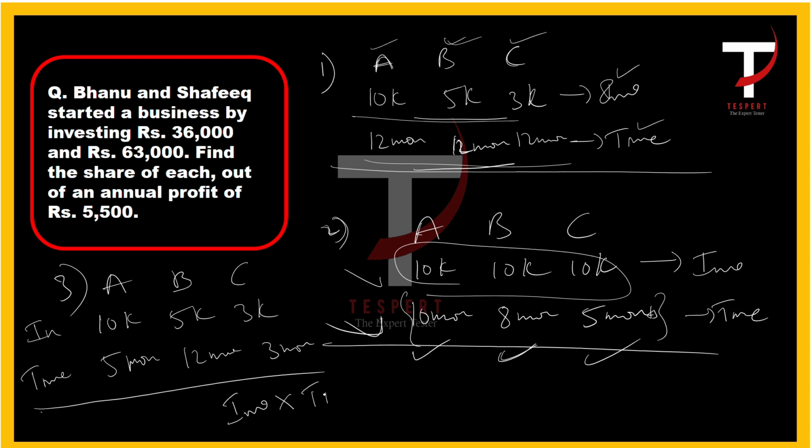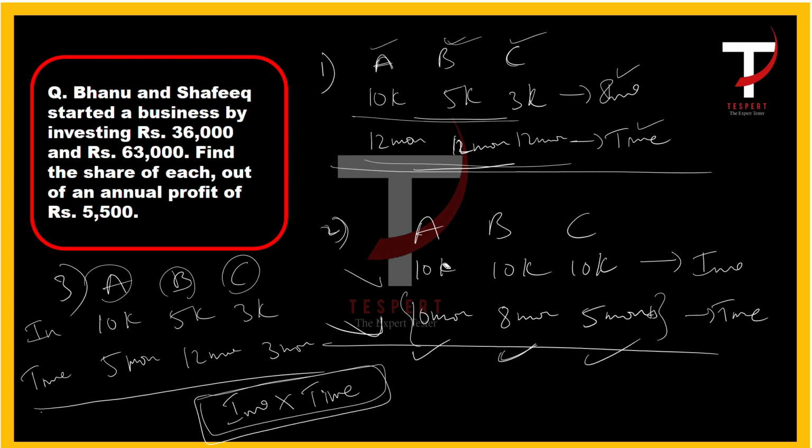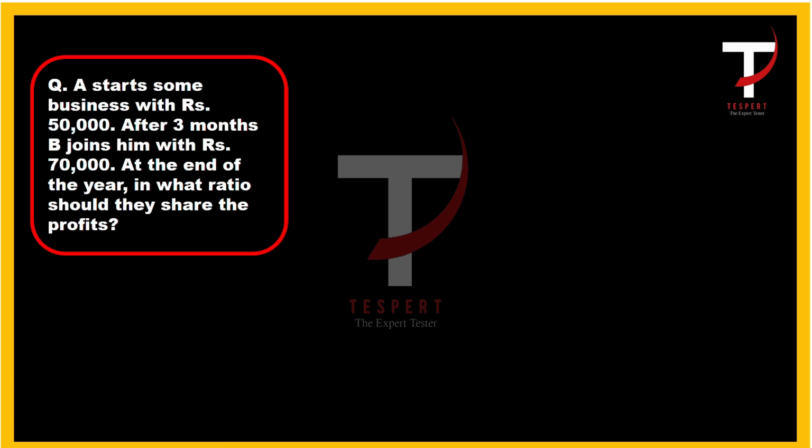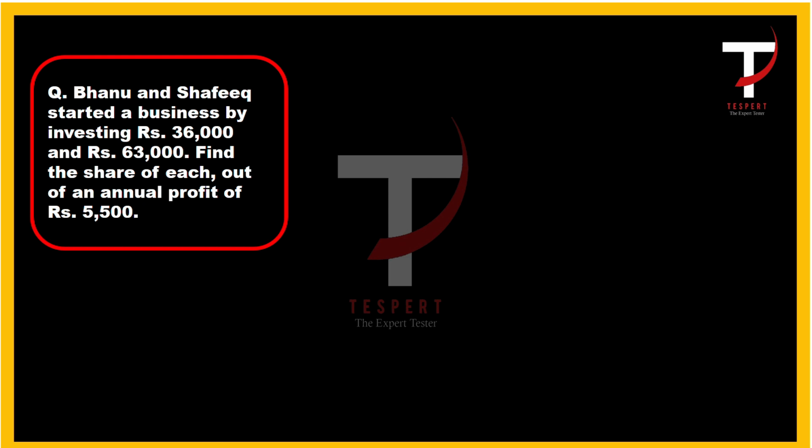So in order to calculate the share ratio of these partners, we must calculate investment into time so that we can find out the ratio of their shares. We will apply these rules, these cases, and solve some problems so that you will be very clear with these concepts.